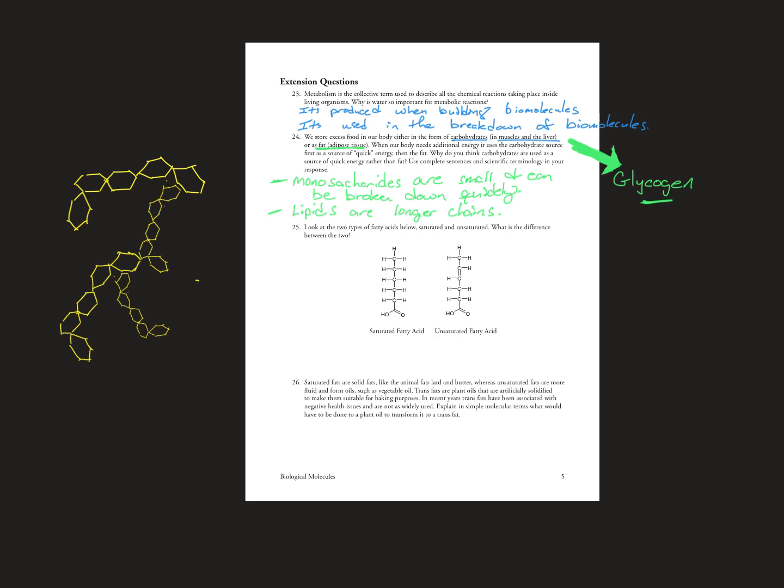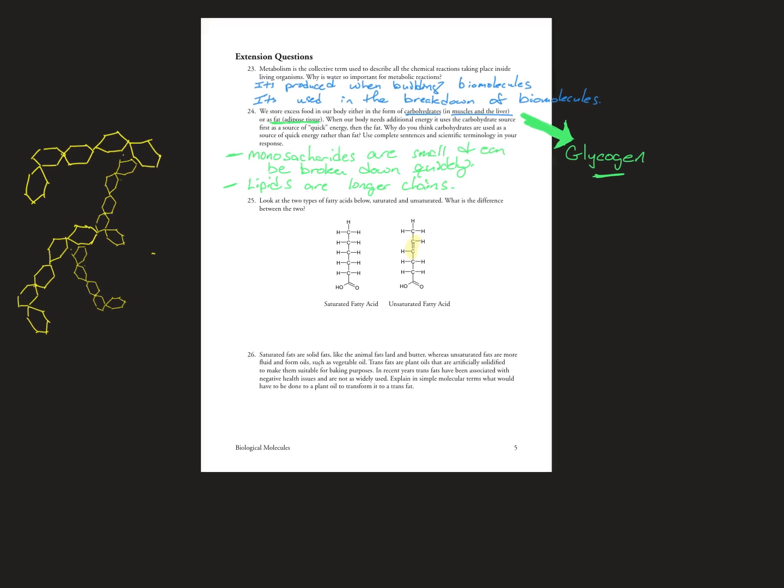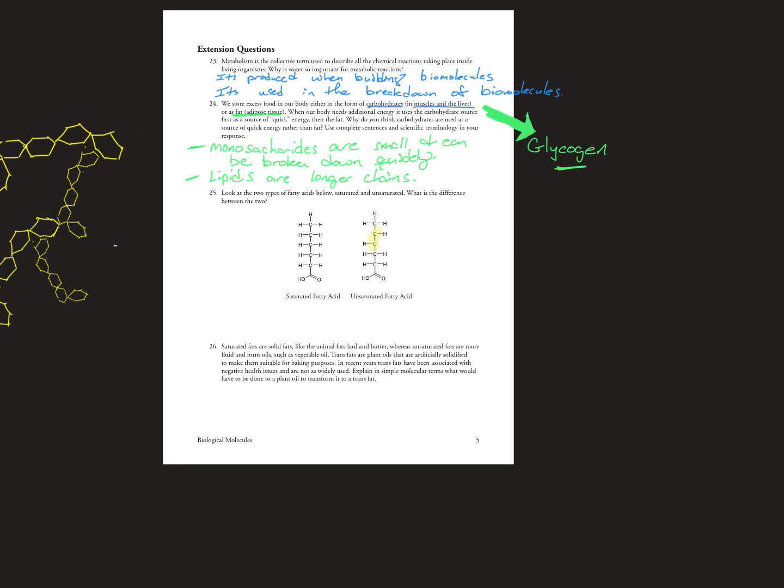So the difference, as we've discussed in class, is this. Saturated fats are solid fats like animal fats, lard, and butter, whereas unsaturated fats are more fluid and form oils such as vegetable oil. Trans fats are plant oils that are artificially solidified to make them suitable for baking purposes, right?